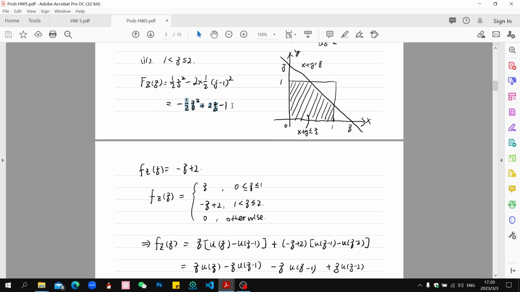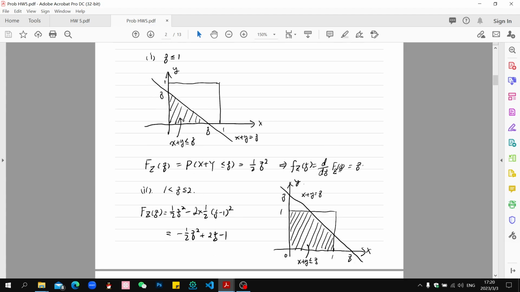And we can find a form of this. And then we can find the small f by taking the derivative of the big F. You find that it is negative z plus 2.